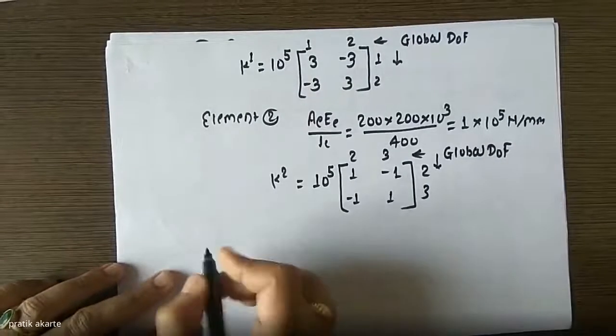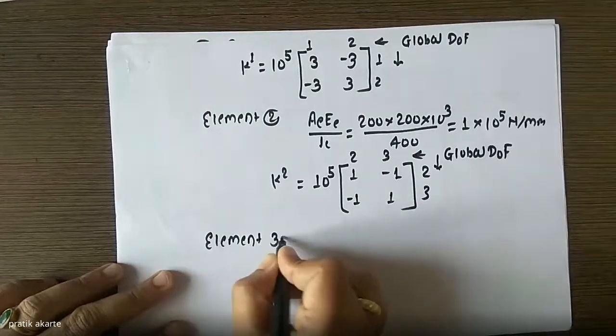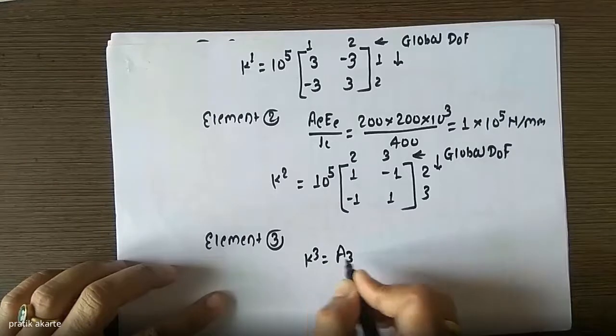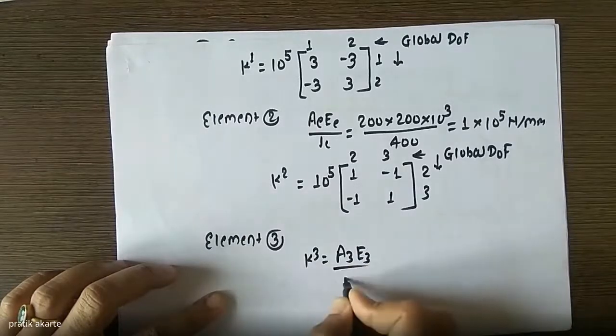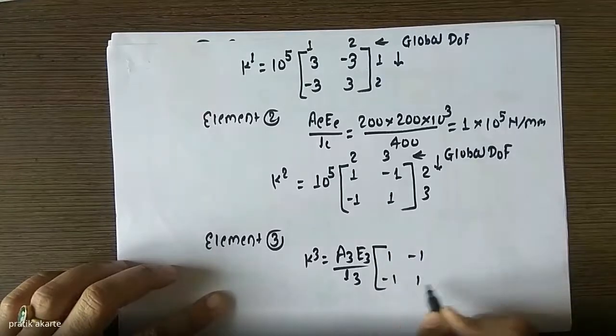For the third element, we can write K3 as A3 E3 upon L3 into 1, minus 1, minus 1, 1.